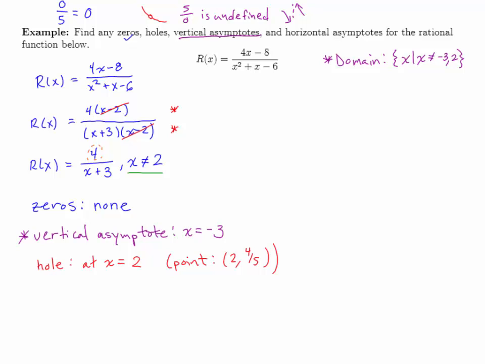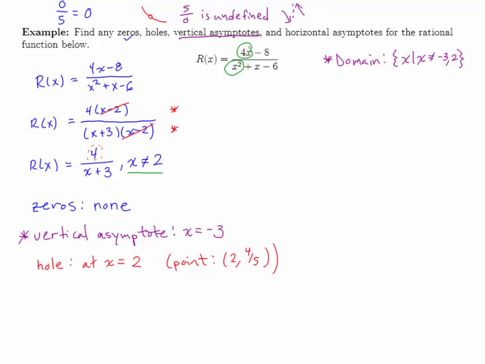Okay, and the last thing that we'll look at will be the horizontal asymptote. And the horizontal asymptote is dealing with that long run behavior. And a couple different ways we can go with that. If we look at the cases of the degree of the numerator and denominator, we can see here that the degree of the numerator is 1, that leading term is 4x, and the degree of the denominator is 2 because that leading term is x squared.